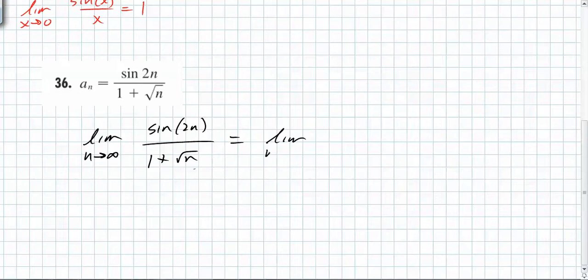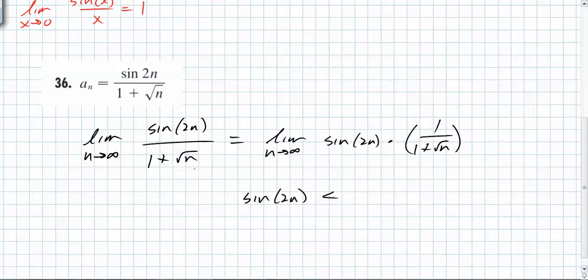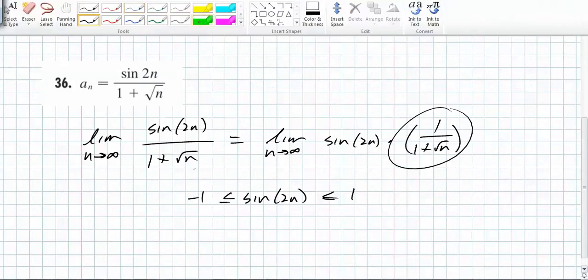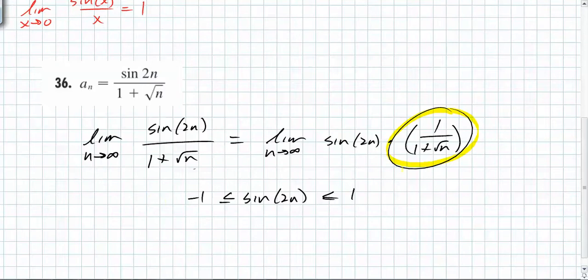So the limit as n goes to infinity of sine of 2n times 1 over 1 plus root n, correct? And you know that sine of 2n has to be less than or equal to 1, but greater than or equal to what? Negative 1. So now you multiply everything by this, tacking it on to all three.